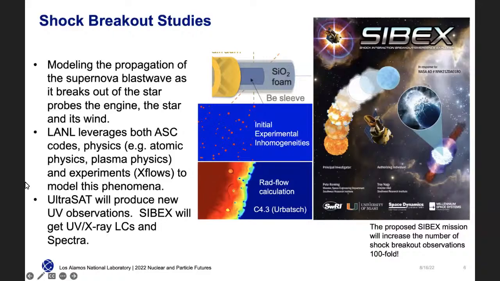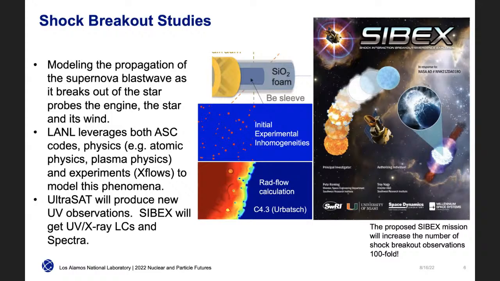So the plot in the middle is the design of an experiment where we have a hohlraum, where we shoot lasers into the hohlraum, heat it up, and it sends a radiation front into a target. This target has inhomogeneities placed in it, and we're studying the interaction of that flow with these inhomogeneities.